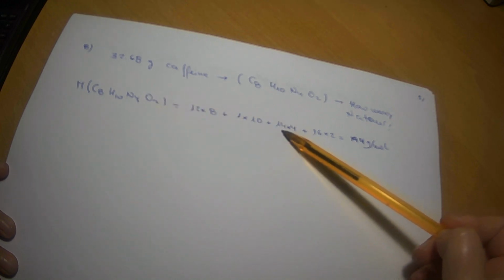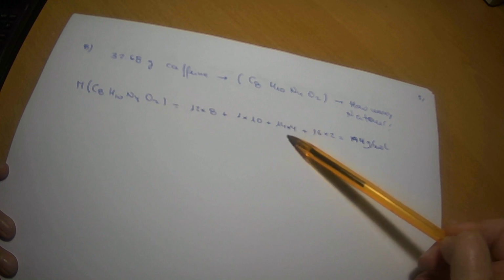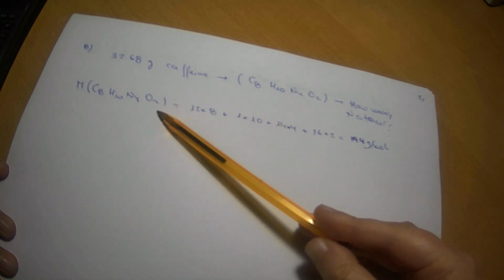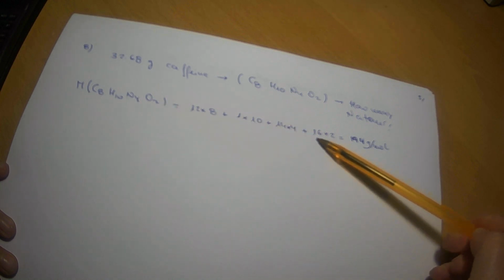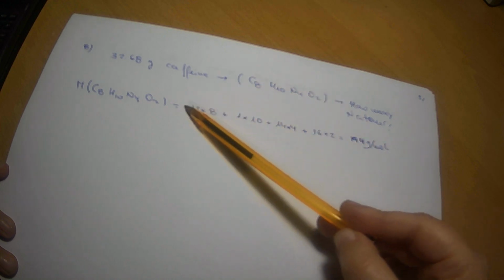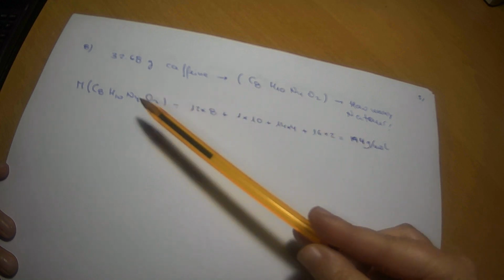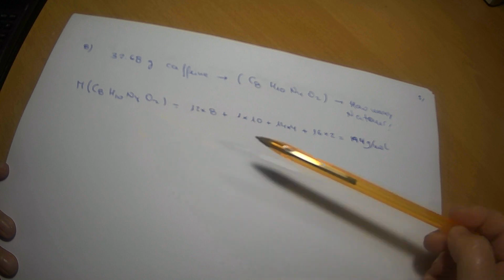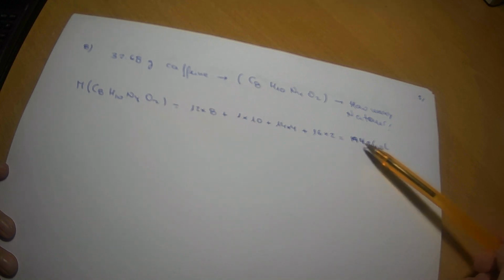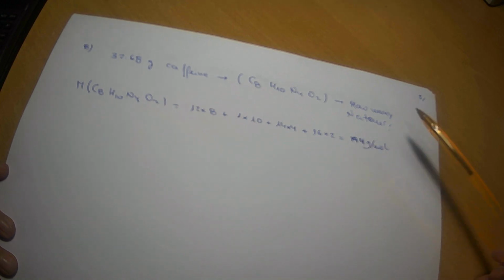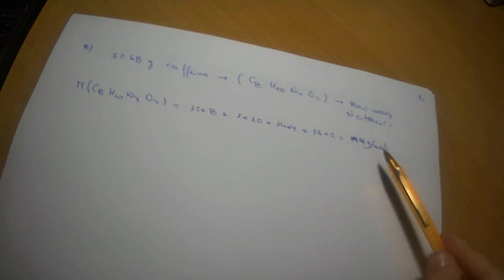Atomic mass of nitrogen is 14, but you have 4 atoms of nitrogen. And then you have to add the atomic mass of oxygen. The atomic mass of oxygen is 16, but you have 2 oxygen atoms. At the end, if you add everything, the molecular mass of caffeine is 194 grams per mole.